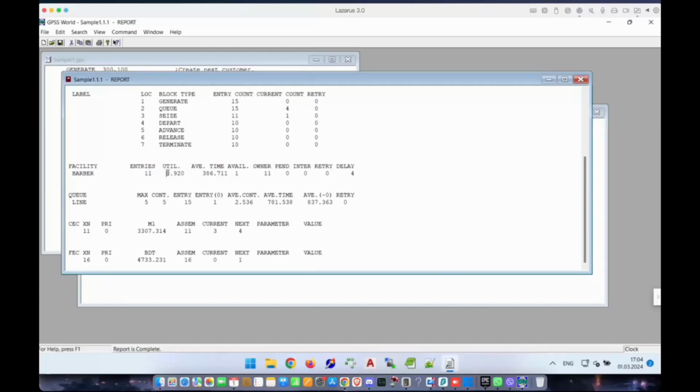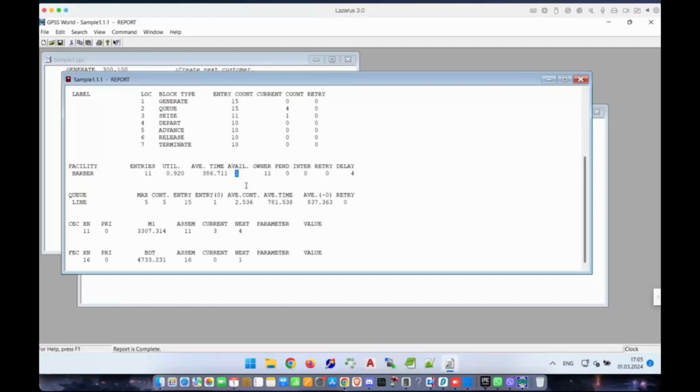In other words, what percentage of the time the barber was taken making the service. We can say the time for the barber making the service was 92% of the overall time. Then we have the average time, that's the average time for one transact to receive the service.